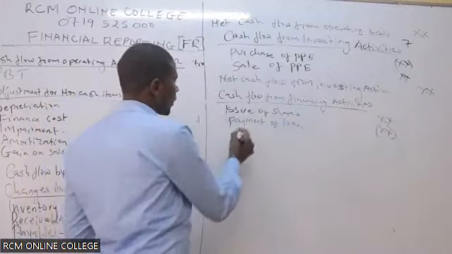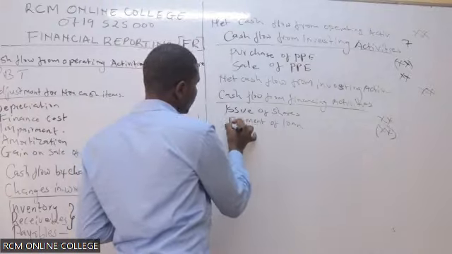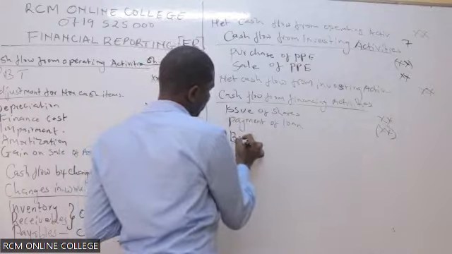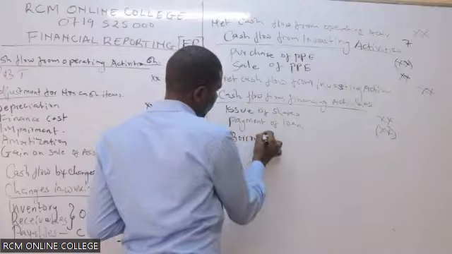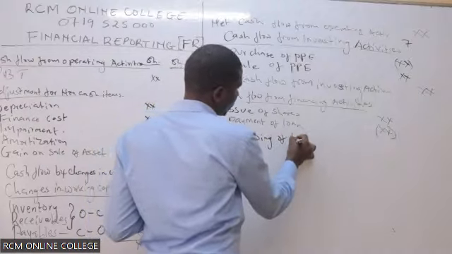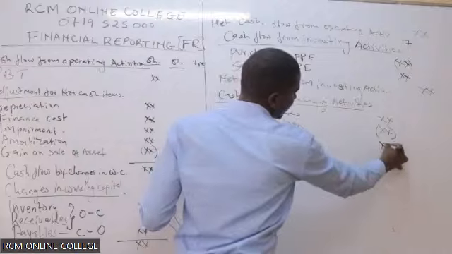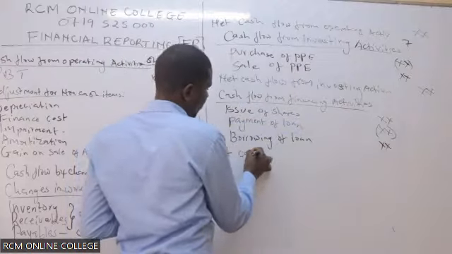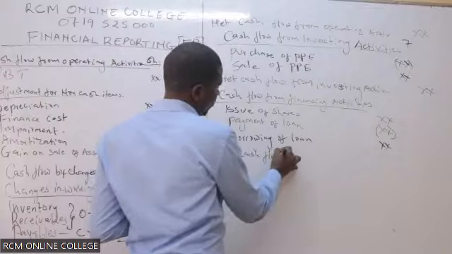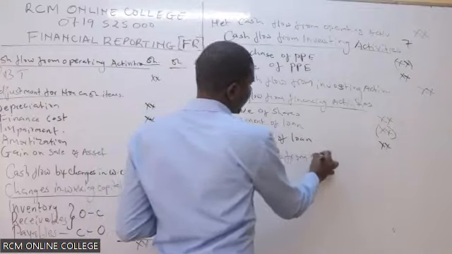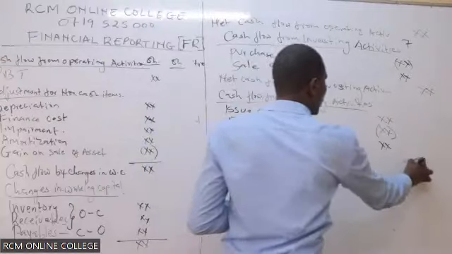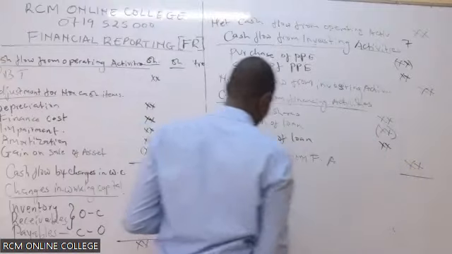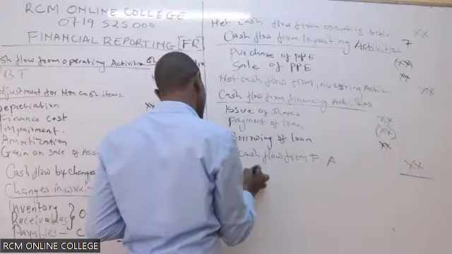Then you can have borrowing of loan. Ukiborrow loan, pesa inaingia, so that one you add. Then you put net cash flow from financing activity. Unaweka kwa column ya mwisho ili unapata net changes in cash and cash equivalent.